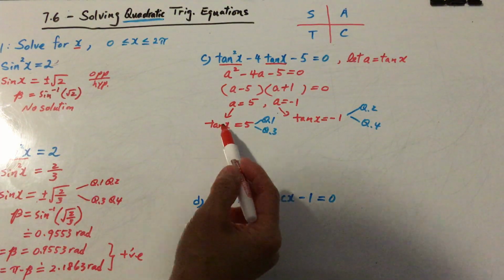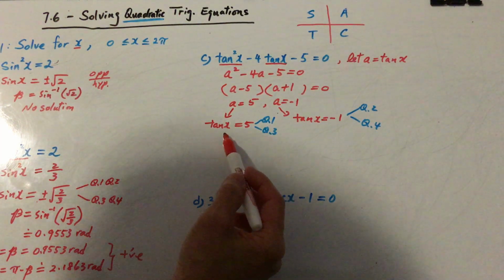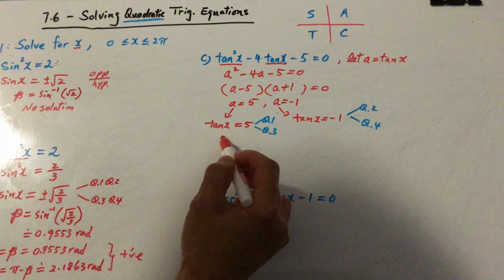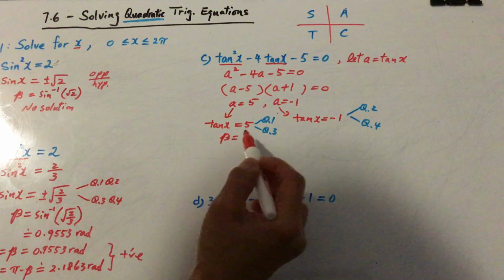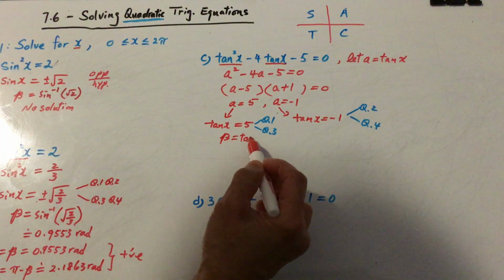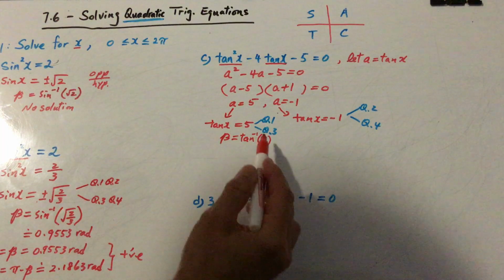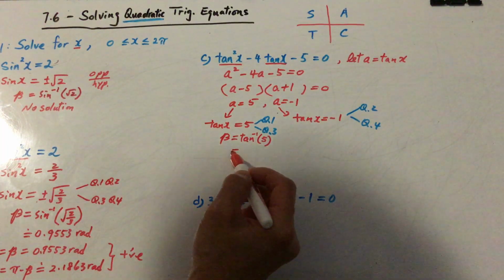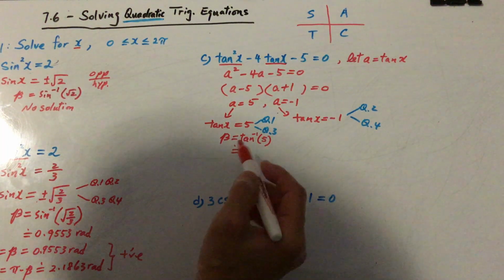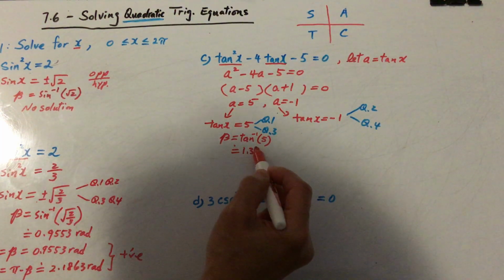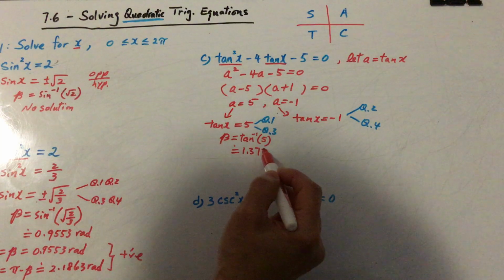Now solving for tangent of x equal to 5, again I need to find the related acute angle beta by taking the inverse tangent of 5. That is going to be equal to approximately 1.3734 rad.